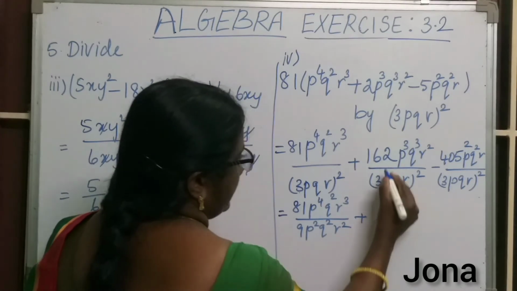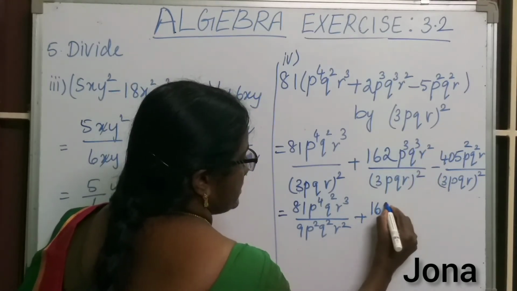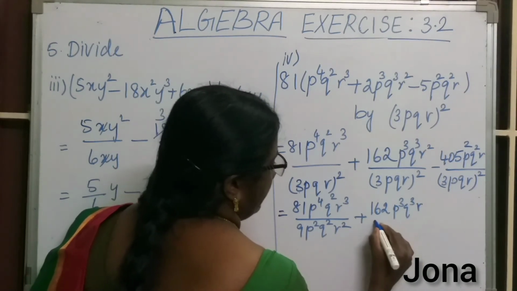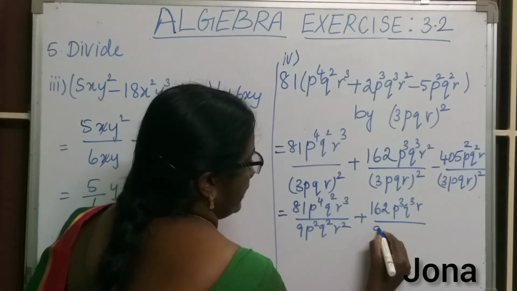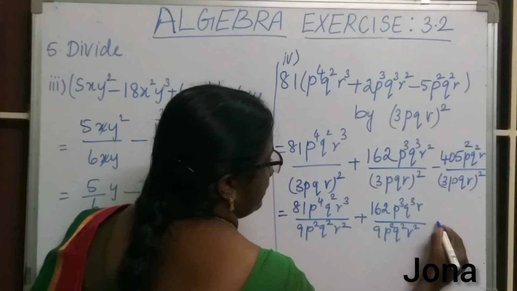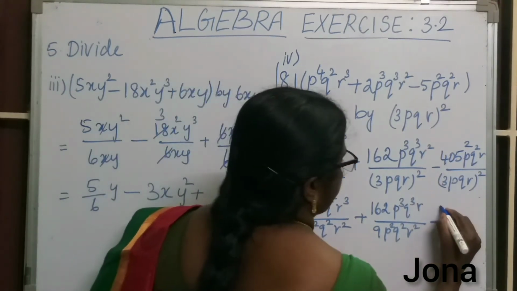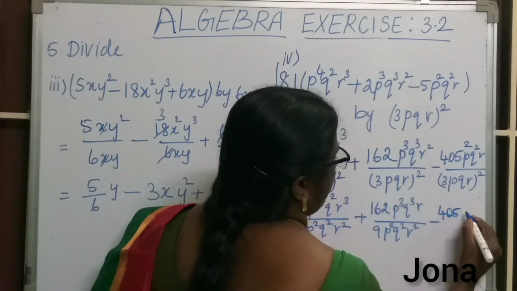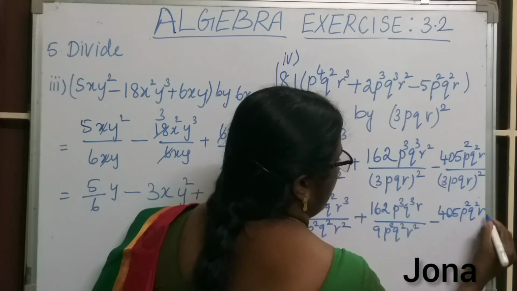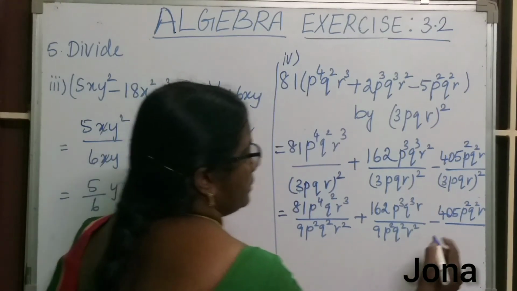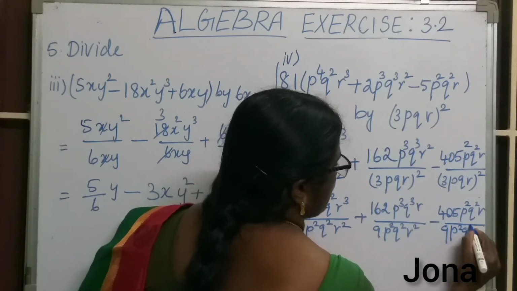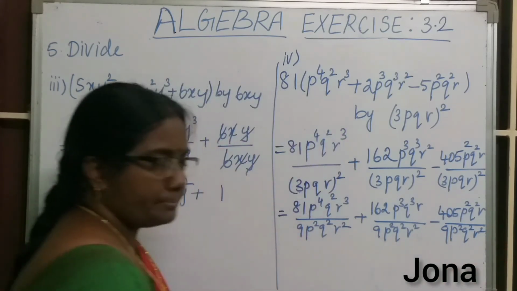Likewise even here also write as it is, 162 p cube q cube r divided by here 9 p square q square r square, minus 405 p square q square r divided by even here also 9 p square q square r square.